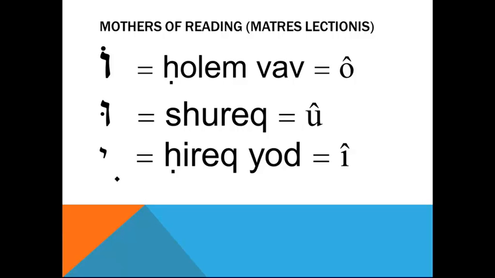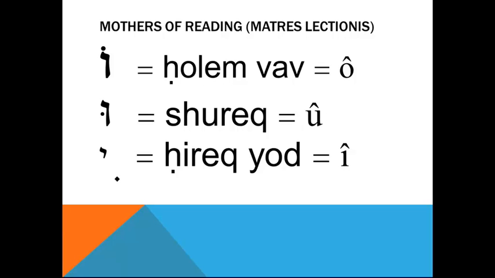But in these three instances, the vav and the yod were sometimes, inconsistently, used to signify that a long vowel sound went there. Like I said, not always. Sometimes it's there, sometimes it's not there. Actually, sometimes the Shureq can be written defectively with a qibbutz.